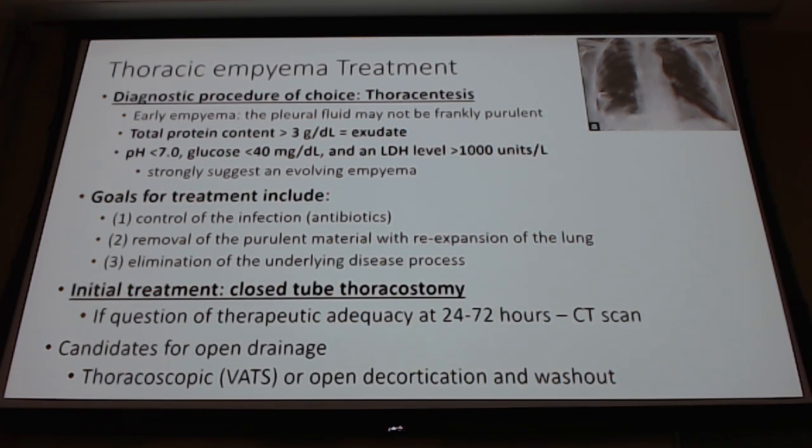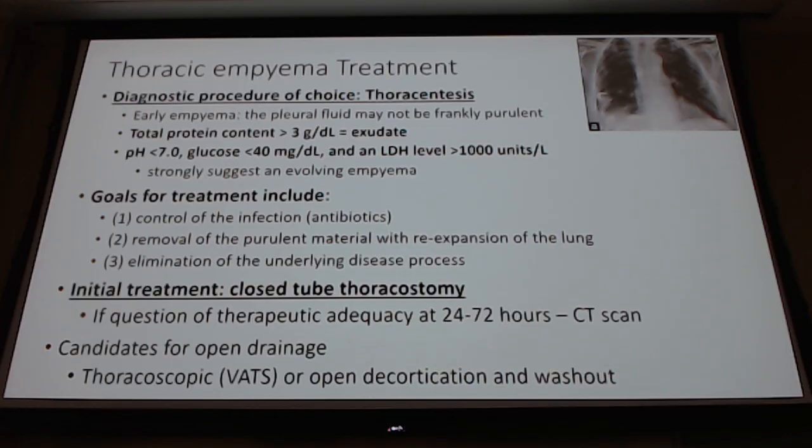If we can get rid of the underlying disease process, we will, but most of the time we can do this by IV antibiotics and getting source control, meaning either doing a VATS, which is sticking the cameras in the chest, or opening the chest, like thoracotomy, and actually washing out that area. So initial treatment is a chest tube, trying to get into that space.